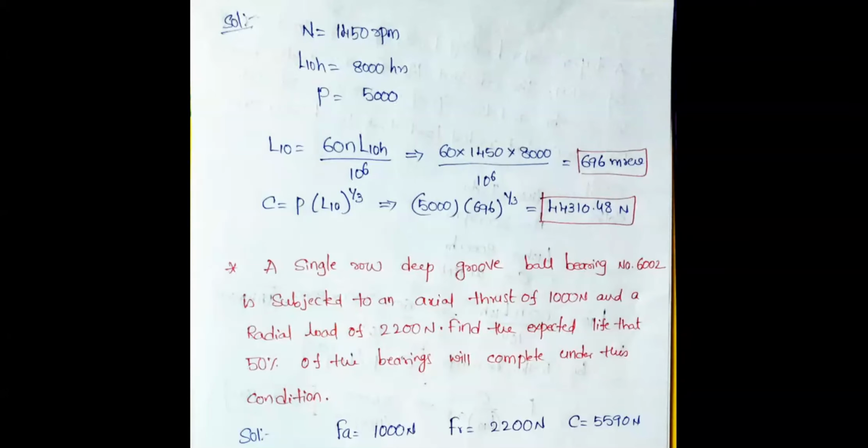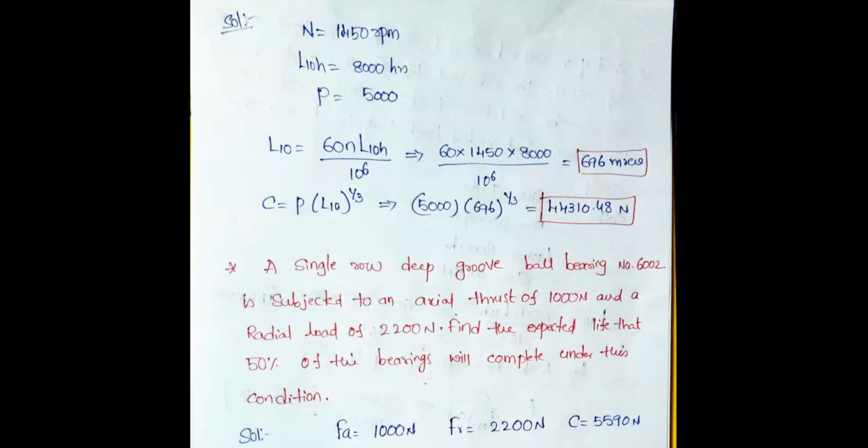Those who have a data book, please go through 6002 and find the values of C naught and C. Both values are required for this problem, and you have to take them from the data book only.